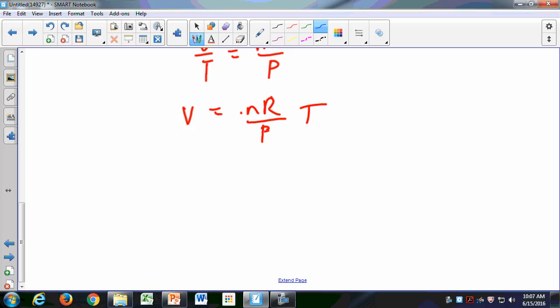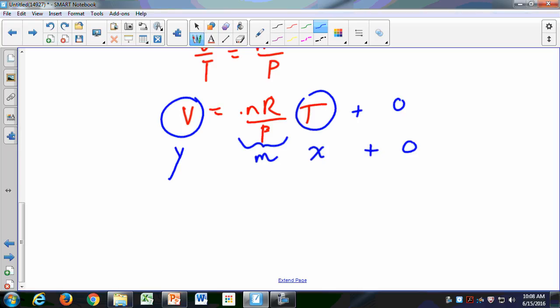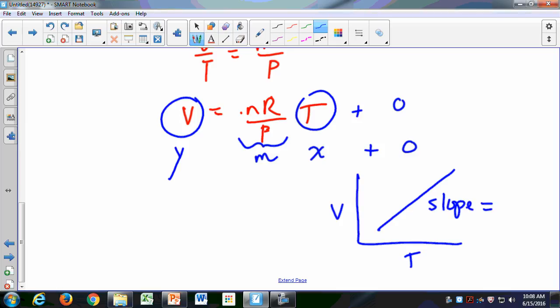If I were to plot volume on my y-axis and temperature on my x-axis, nR over P is a constant, so that's going to be my slope, and I must have a straight line, and the y-intercept has to be 0. So volume versus temperature at constant pressure will be a straight line, and the slope happens to be equal to nR divided by whatever the pressure is. And it's going to have a y-intercept at the origin.